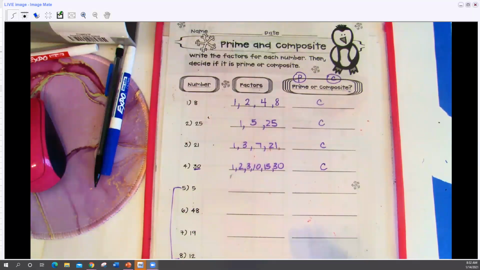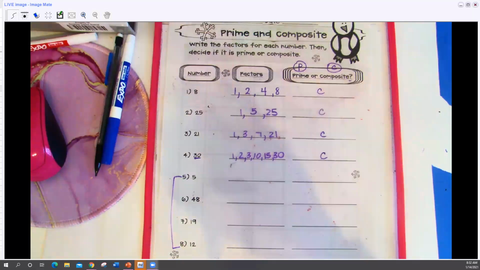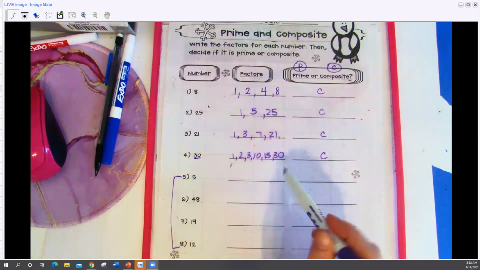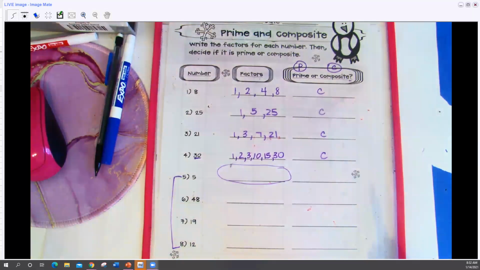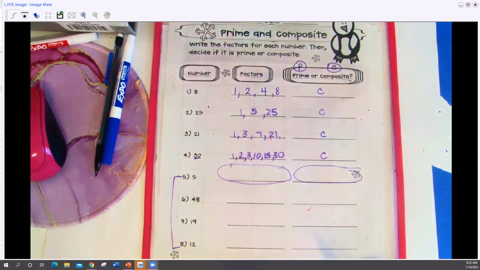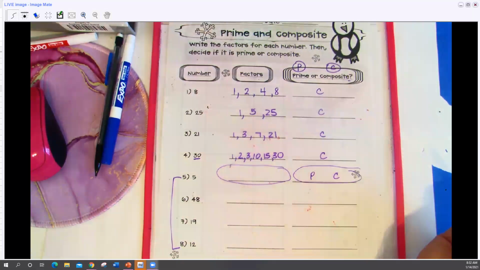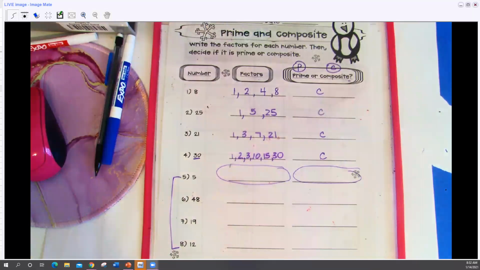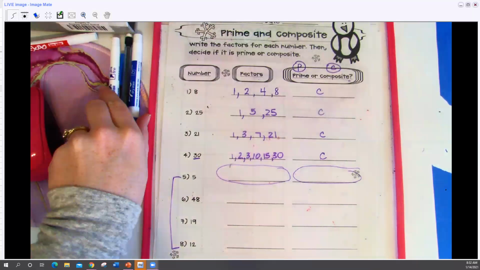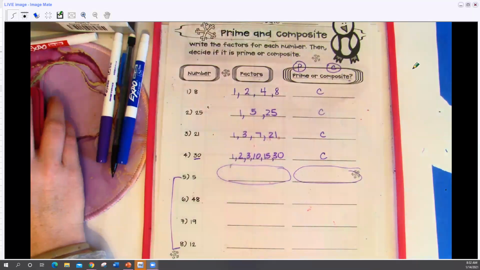So what you're going to do is, I think I'll put it in a Google form, and you're going to list the factors of the number, and then you're going to tell me if it's prime or composite. All you have to do is put a P or a C. You don't have to write the whole word. So that's what our activity is for today on prime and composite numbers. If you have any questions, please ask me. I am here to help you.